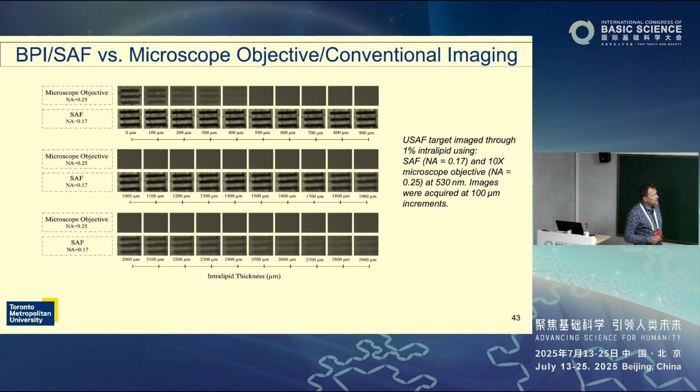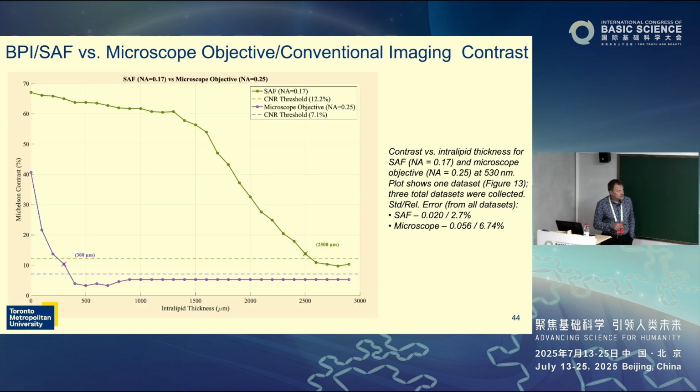So the improvement comparing with, let's say, just a bare objective, was from 400, we started to provide a good contrast much deeper, up to 2600 or even 2700. So the improvement was practically 8-fold.